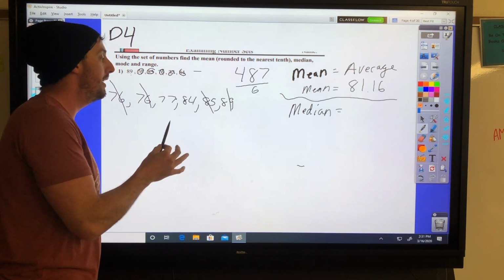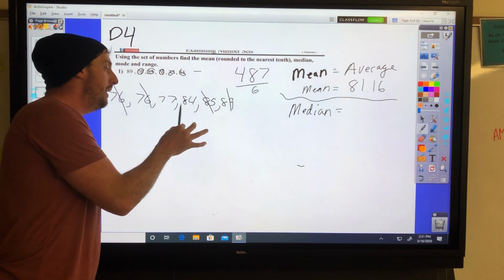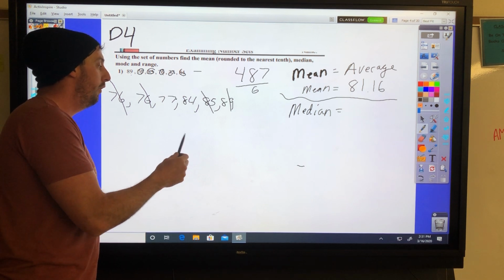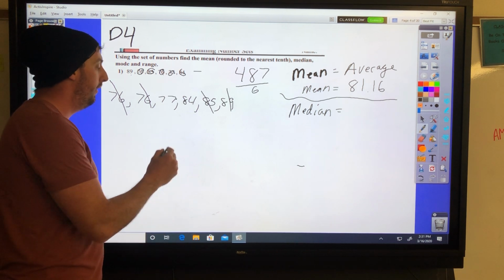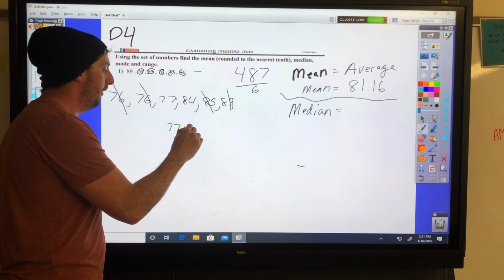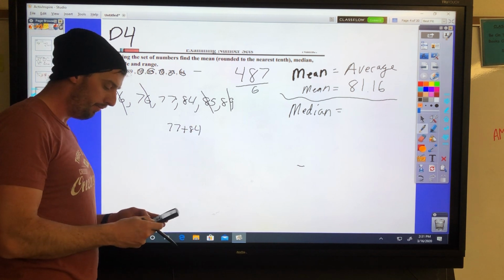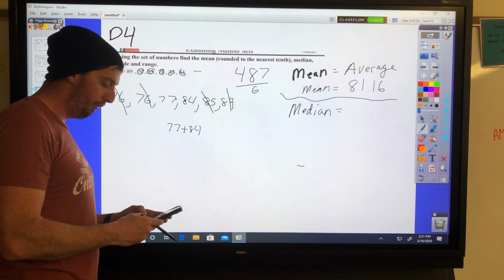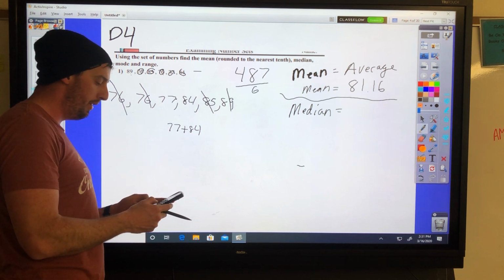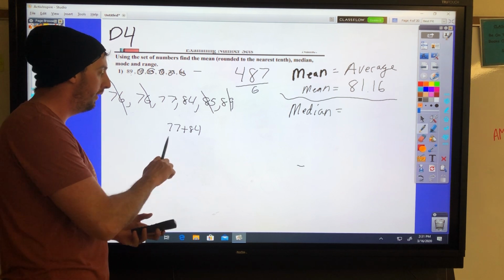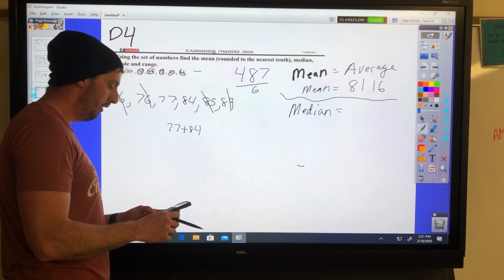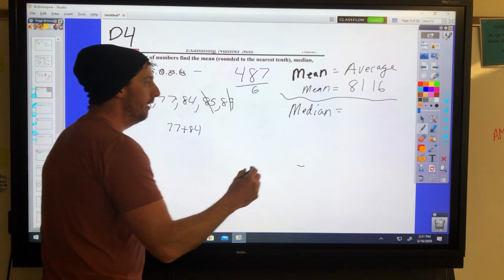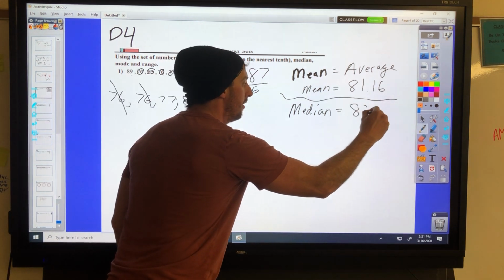So what you have to do here is find the mean of these 2. 77 plus 84 is 161, and then you divide that by 2 since there are 2 numbers in your set. Your median is 80.5.